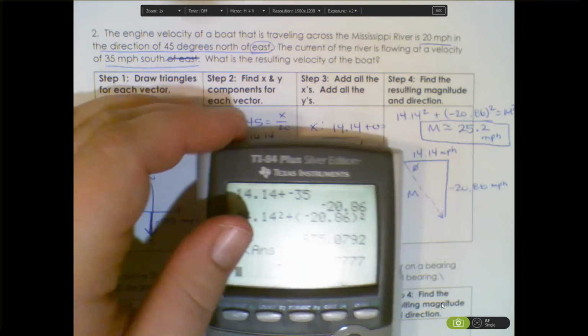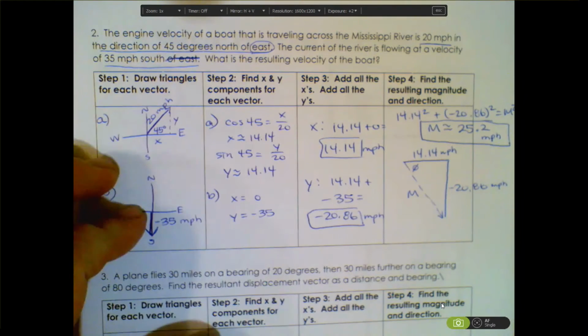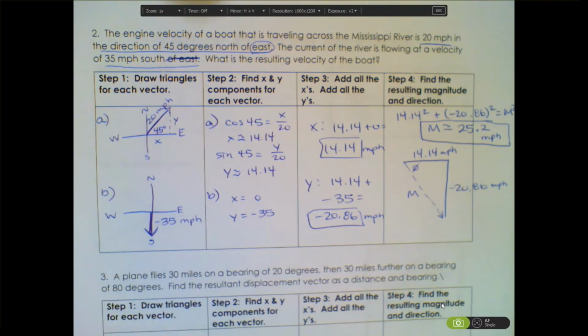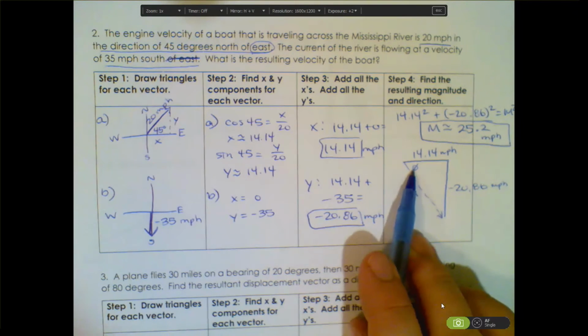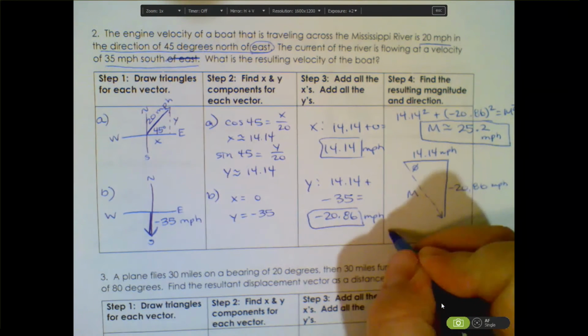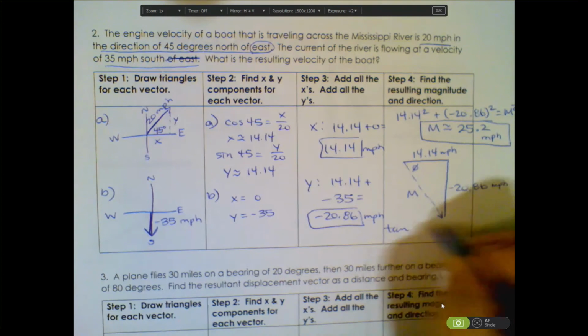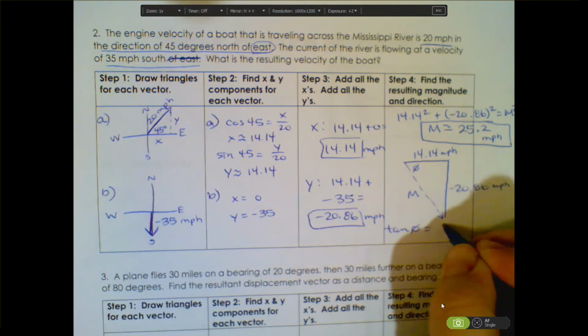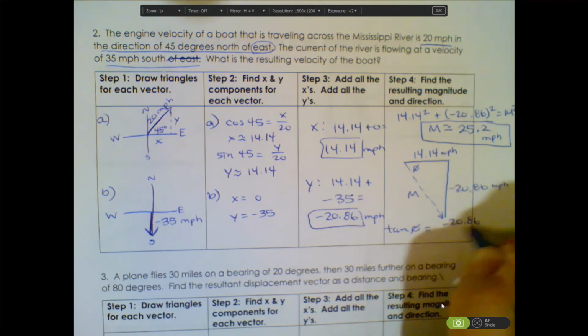Okay, so I have the magnitude of my vector, but remember I need a magnitude and a direction. So let's find this angle measure that will help us notate the direction. We can take the tangent of theta, which equals opposite over adjacent, 20.86 over 14.14.